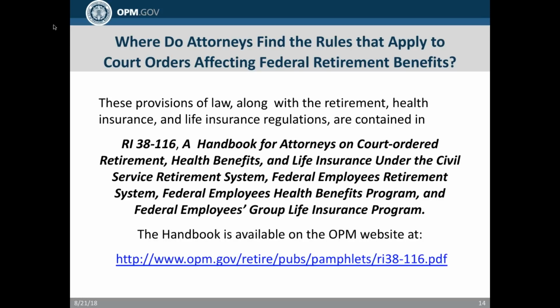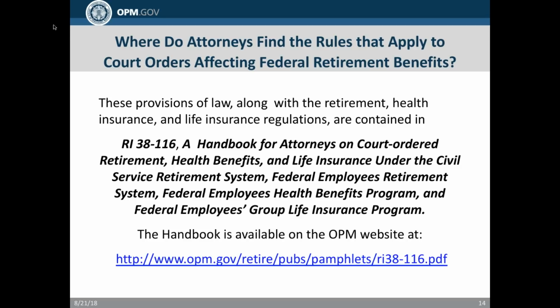Also, like I stated earlier, we also have a handbook for attorneys for court order retirement, health benefits, and life insurance under the Civil Service Retirement System, Federal Employees Retirement System, the Federal Employees Health Benefits Program, and the Federal Employees Group Life Insurance Program. This is called a handbook for attorneys, but it's very helpful for all customers. You can actually use the handbook.